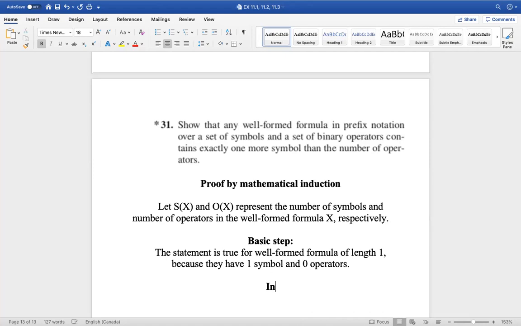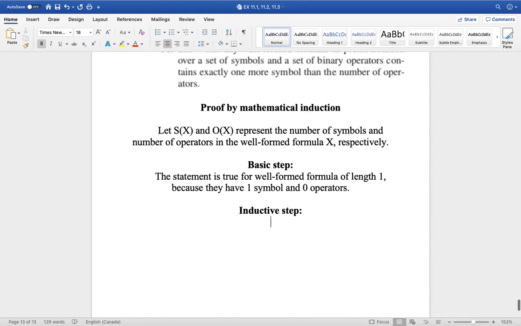Now, inductive step. In the inductive step, we assume the statement is true for all well-formed formulas of length less than n.